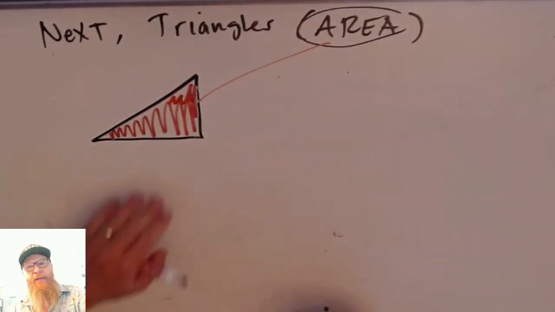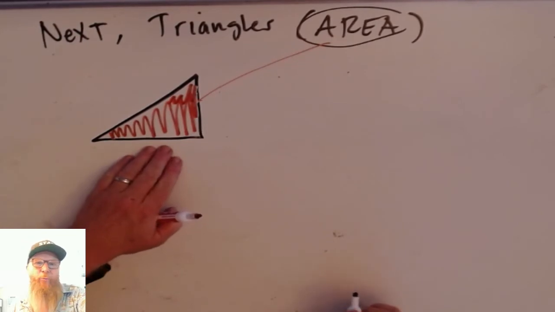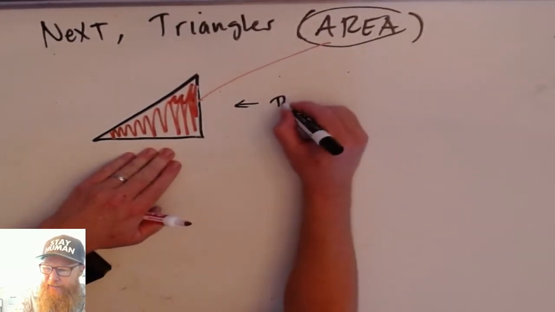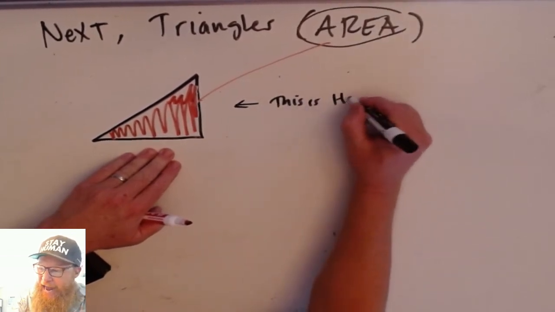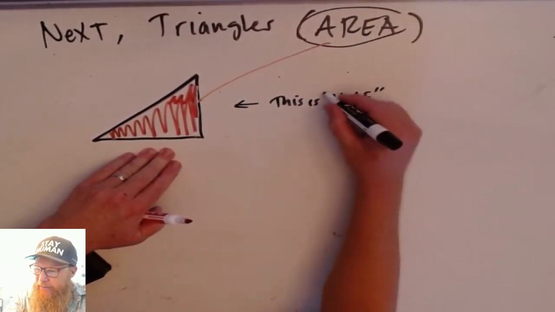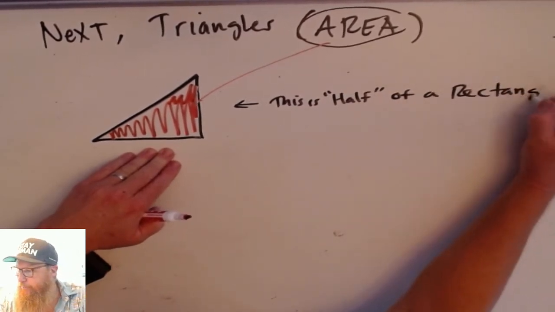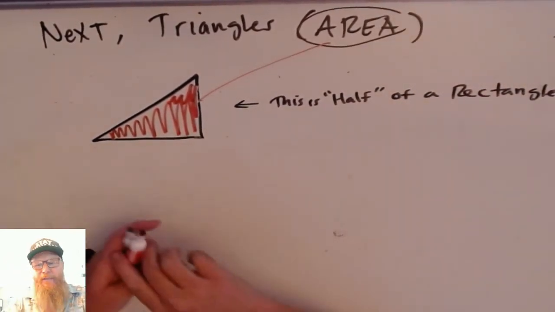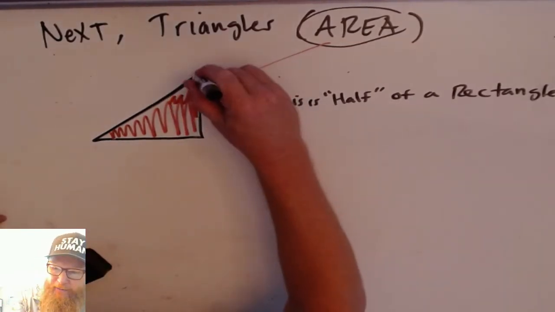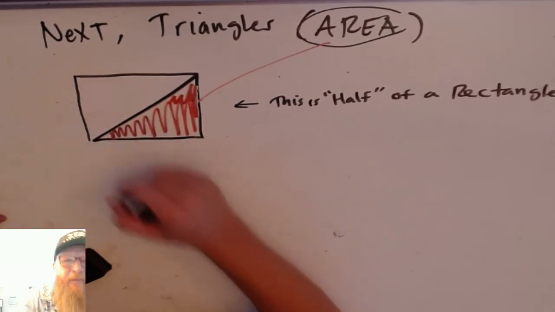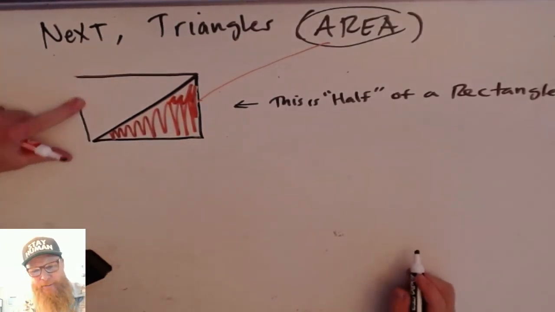Okay. This type of triangle is called a right triangle. And so this is half of a rectangle. Yeah, see? Here's the whole rectangle here. Okay.